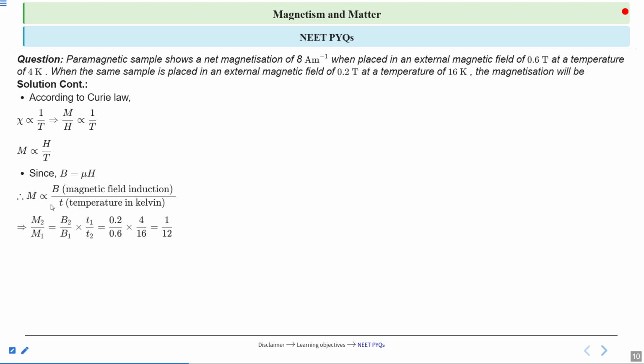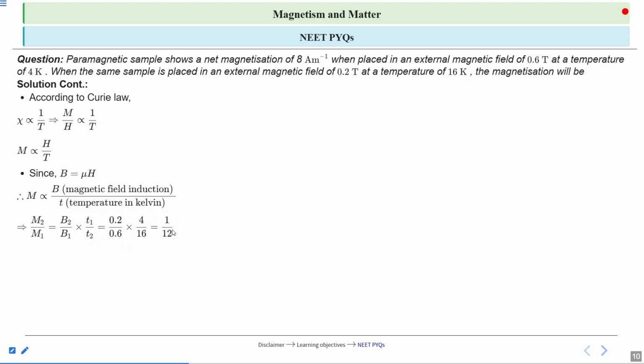By this we can find the ratio M2 by M1 equal to B2 by B1 into T1 by T2, because T is inversely proportional to M. So M2 by M1 is proportional to T1 by T2, and B is directly proportional, so M2 by M1 is proportional to B2 by B1. After putting the values, B2 was 0.2 Tesla, B1 was 0.6 Tesla, T1 was 4 Kelvin and T2 was 16 Kelvin.